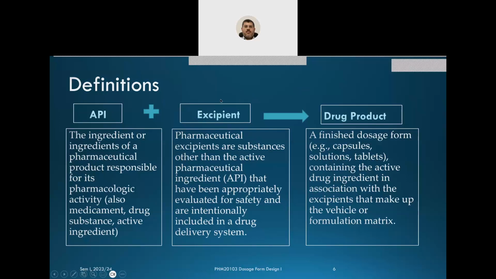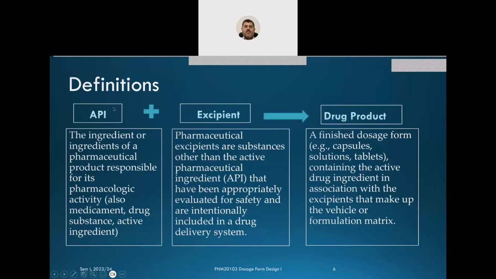And excipient, as you mentioned, is a substance that doesn't have pharmacological effect. They are other than the non-medicinal substance. Excipients are substances other than the active pharmaceutical ingredient that have been appropriately evaluated for safety and intentionally included in a drug delivery system. Okay? So together they make the drug product.